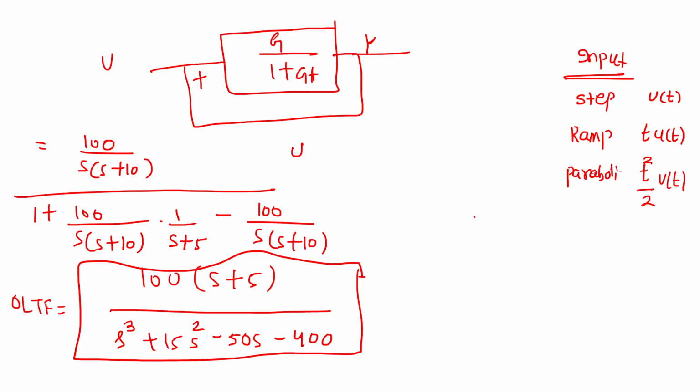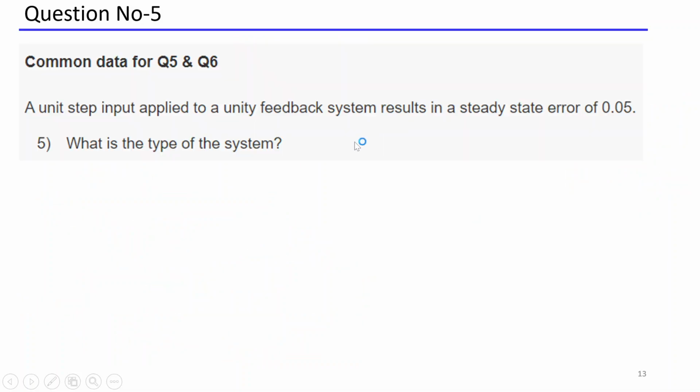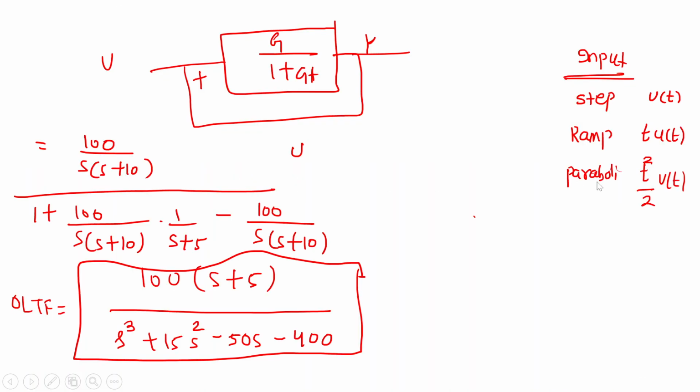Let me come back to the question to make you understand. Let's say in this question I'm giving a step input of amplitude 5. What is the meaning of this statement?